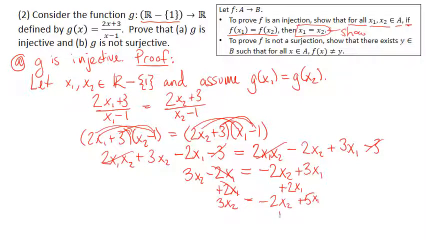Then I'll add 2x2 to both sides, so 5x2 equals 5x1. Sorry, I've run out of space here, but then we have that x2 equals x1. And that's it.